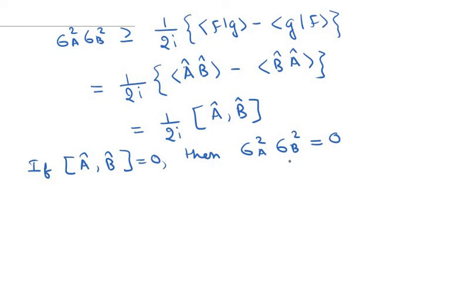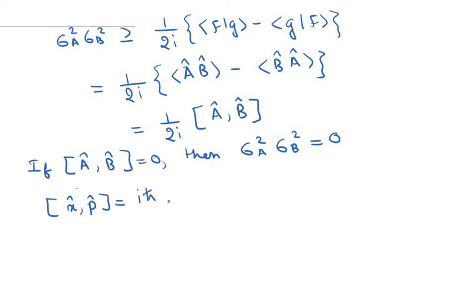But suppose we have the operators x and p, position and momentum, where the commutator is not 0. We have already seen that for x and p, the commutator is equal to i h bar.